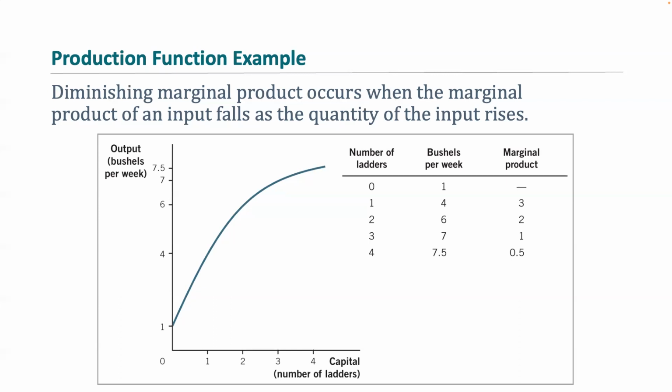But that marginal product per ladder is going to start declining as more and more ladders are added. And this reflects that principle of diminishing marginal product, because the marginal product of an input is going to fall as the quantity of that input rises. So diminishing marginal product generally applies across all factors of production at both our micro and macroeconomic levels. And the slope of this curve overall will start to flatten out towards the top because the marginal product of the added ladders is diminishing.